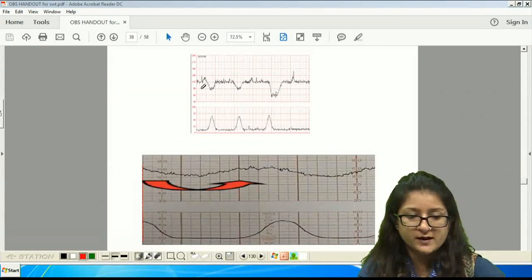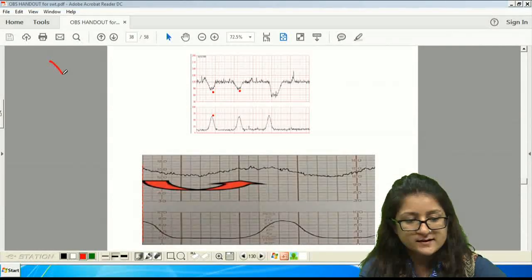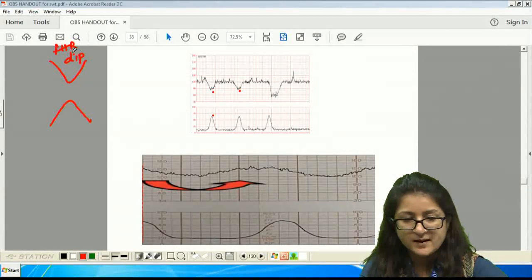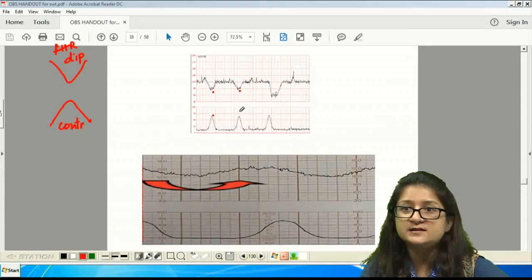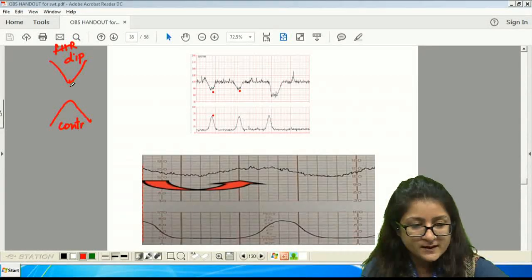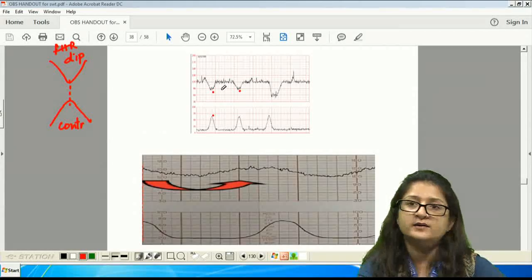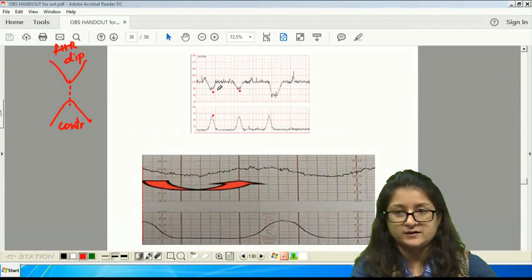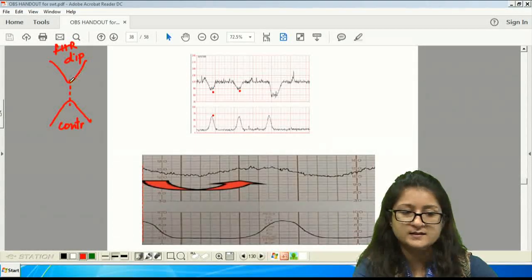In the first 2 decelerations, this is the fetal heart rate dip and this is the uterine contraction. In this graph, the FHR dip coincides with the contraction.